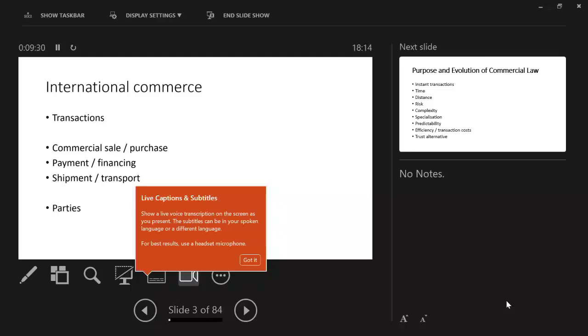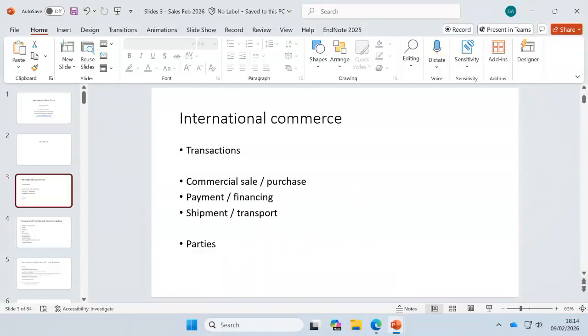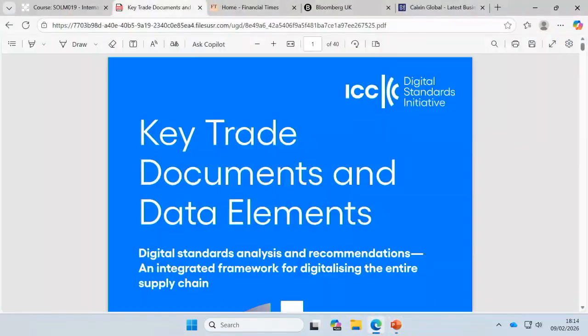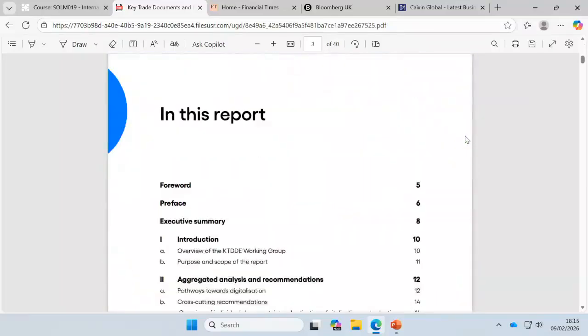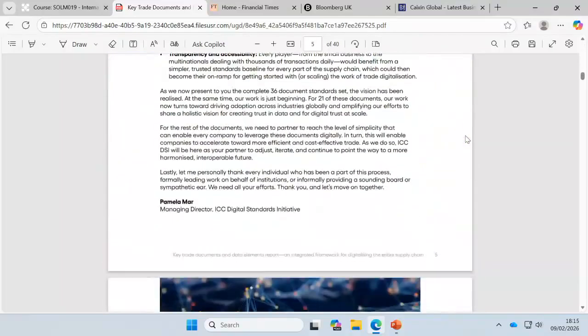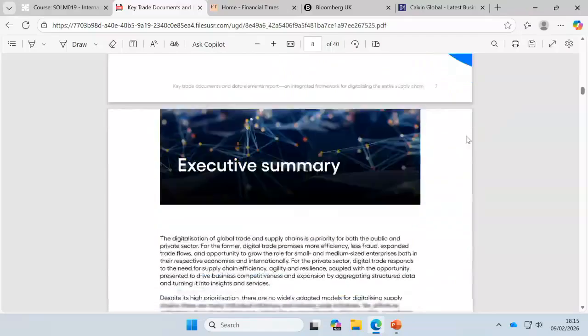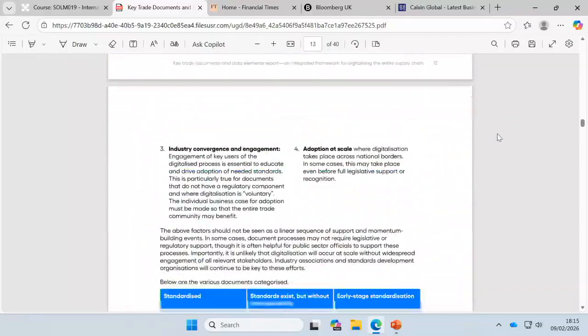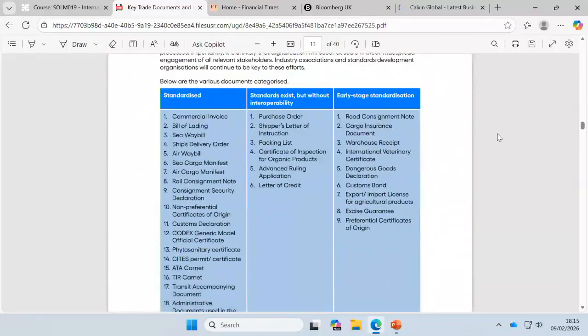I'm going to pull up something that we looked at last week. So this is the key trade documents and data elements, the handout that I gave you for last week. And last week we looked at one piece, which was this list of various forms of standardized documents.